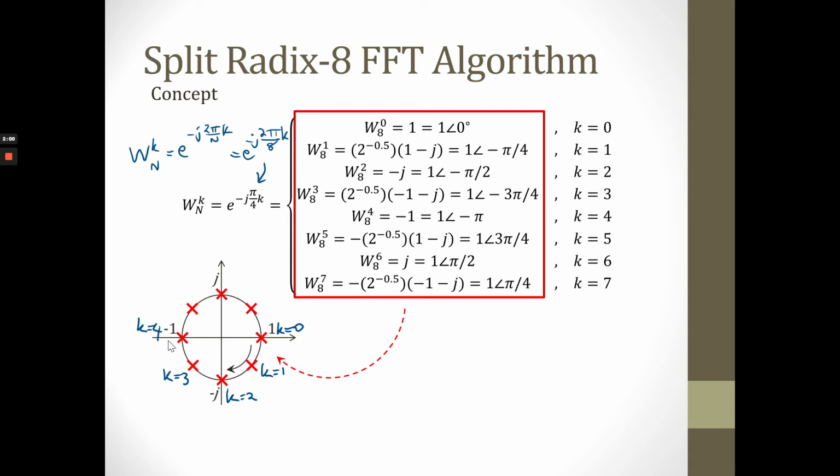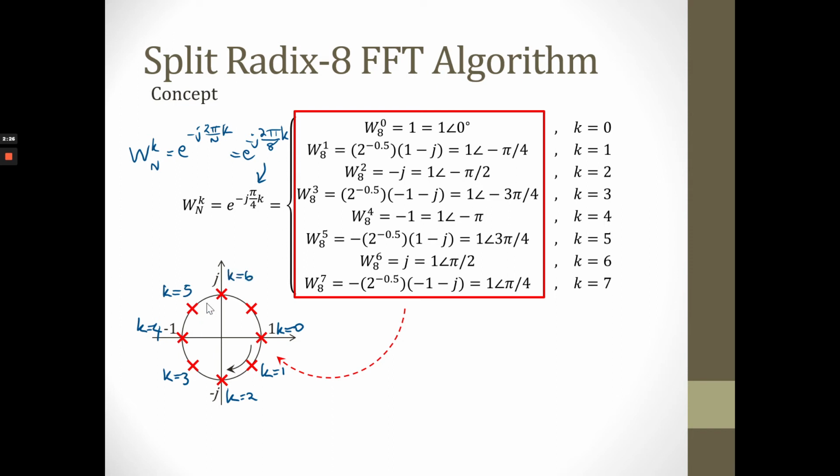And for k equal to 4, the value is negative 1 here. The magnitude is 1, the phase is negative 180 degrees. So we proceed with k equal to 5. We have magnitude 1, and the phase is positive 135, so positive 135 from here.